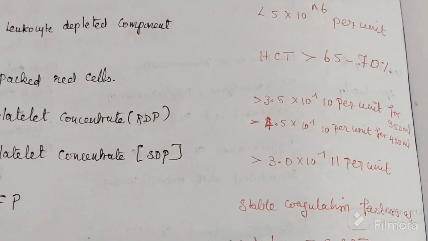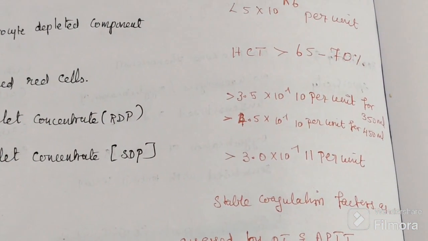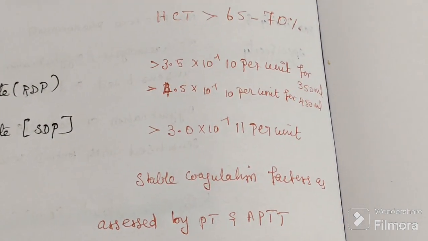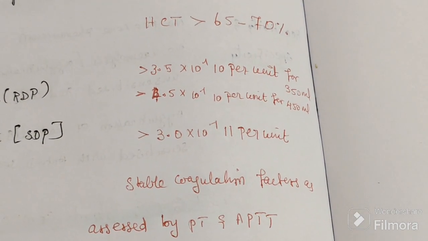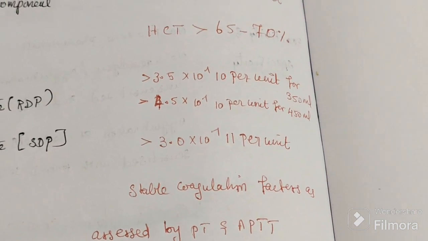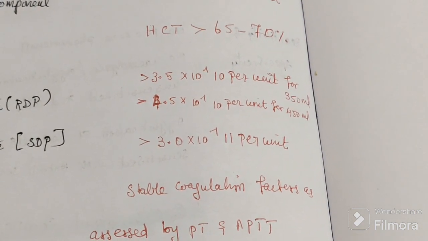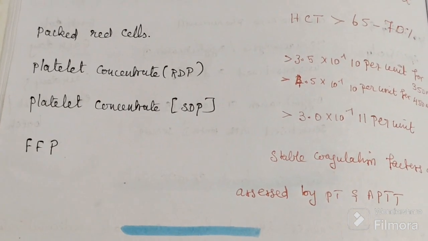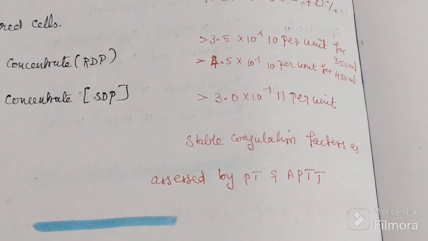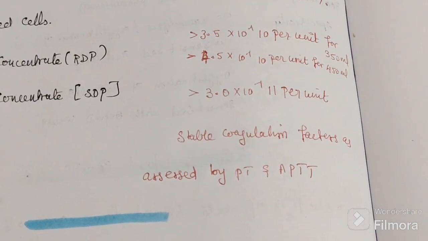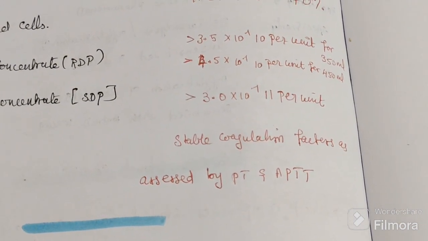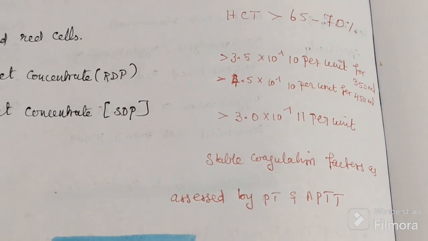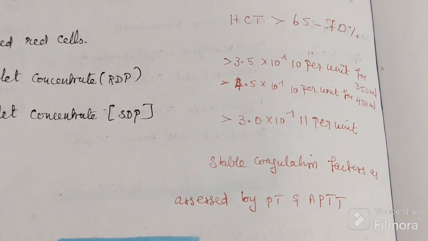Then platelet concentrate SDP, single donor platelet: more than 3.0 x 10 raised to the power of 11 per unit. FFP: stable coagulation factors as assayed by PT and APTT. Then the standards for blood components are attached.